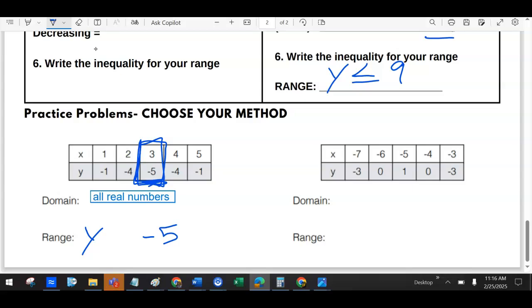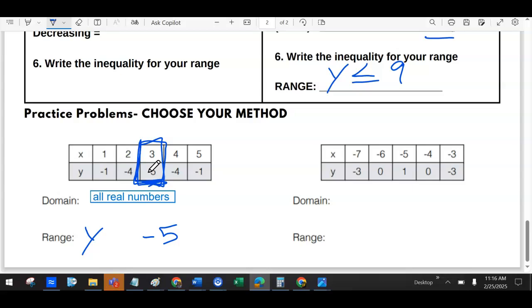But is it going up or down? Please think carefully about this. If it starts at -5 and then goes to -4 and then goes to -1, is it increasing or decreasing? Increasing. So if you go from -5 to -1, think about it on a vertical number line, okay? -5 is lower than -1, right? A smaller negative is a bigger number.